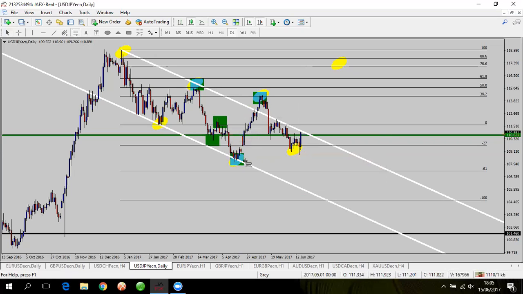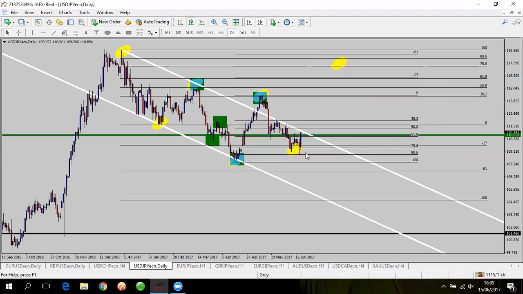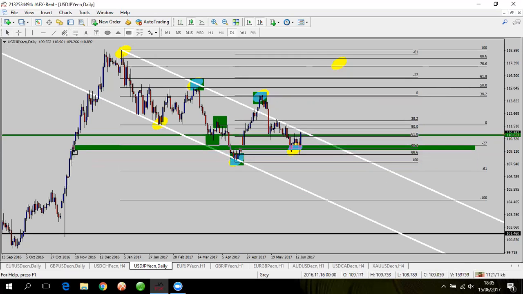So in my analysis, what I had was an A to B fib, and I had this minus 27 extension to the 78.6 highlighted as a possible reversal zone. And you can see price did drop a little lower to 88.6, but we got the move upwards.